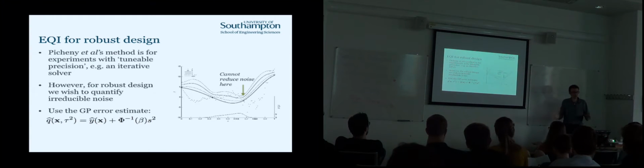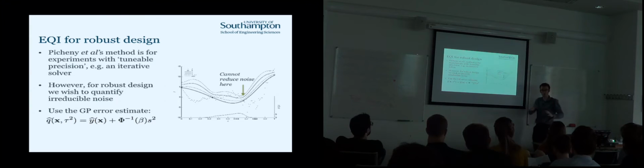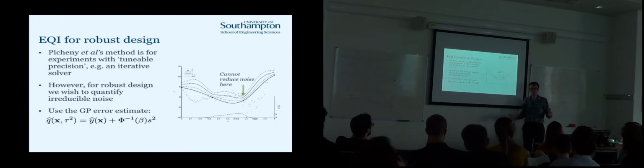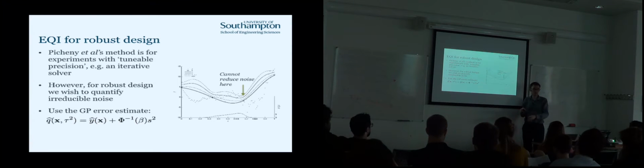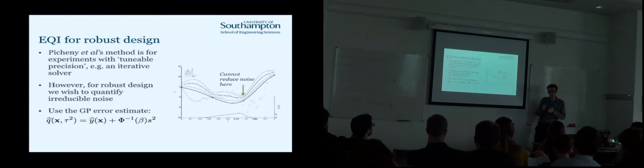The thing is, for robust design, you've got irreducible noise. The noise is there. You're going to build these engines, and the parts have got this defect that's set in your manufacturing process, and you want to feed in the controllable parameters that are going to mean the manufacturing defects are going to have less effect. By running more simulations, you're not going to make the engine part any more accurate.